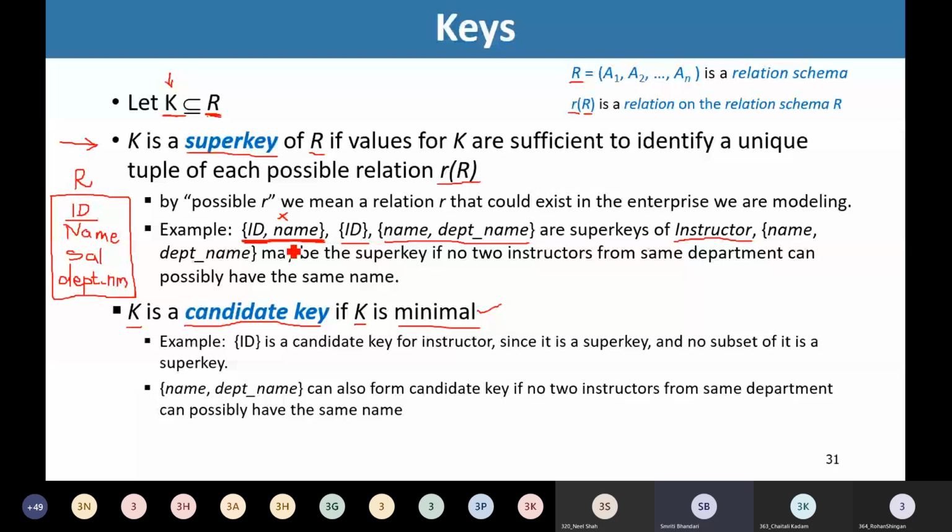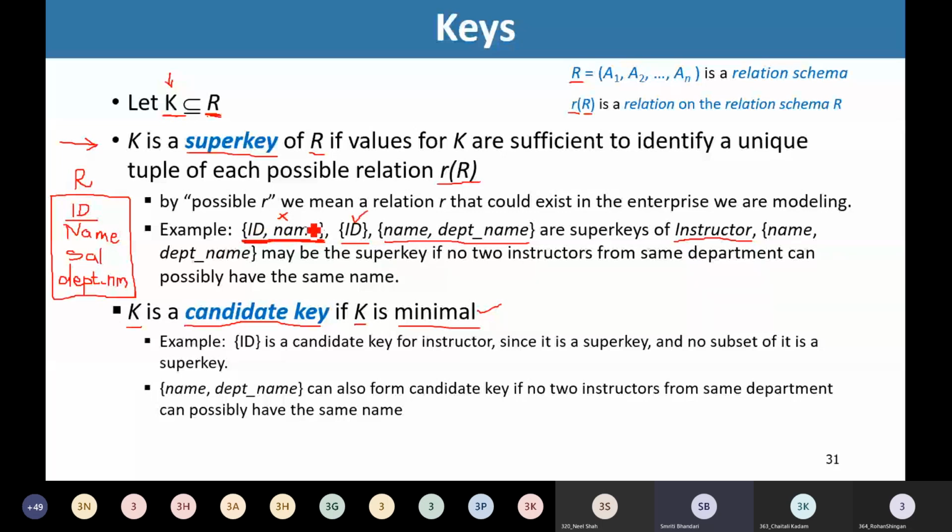And if I consider that subset ID, ID can also uniquely distinguish between two tuples because ID is also my super key, right? So if I consider this set ID name, and if I find this subset ID, then ID is my super key.